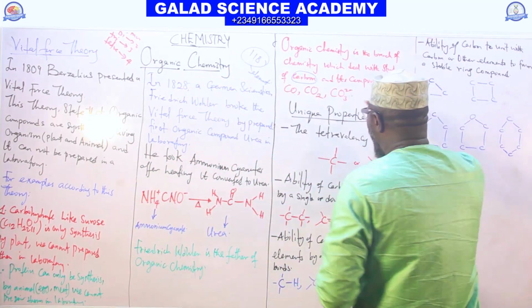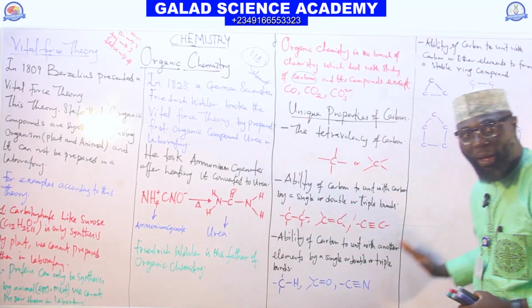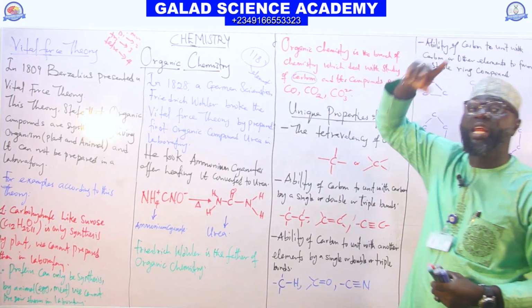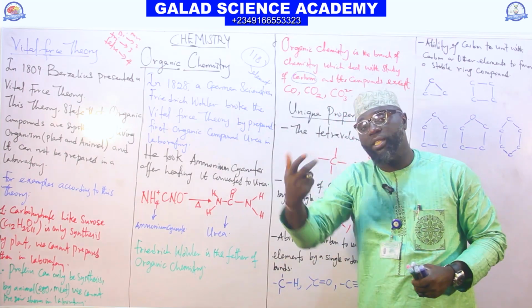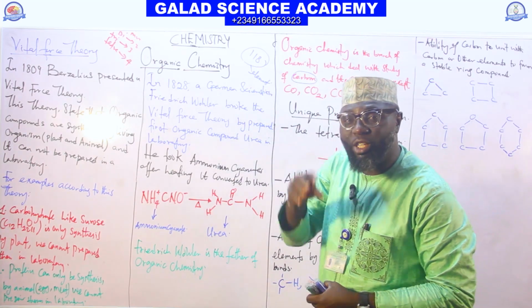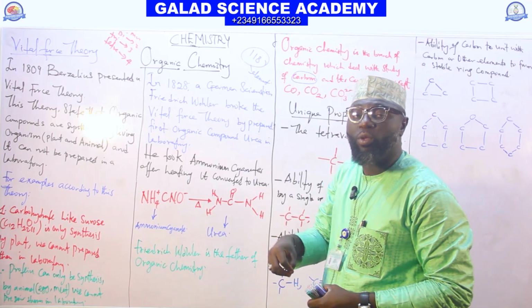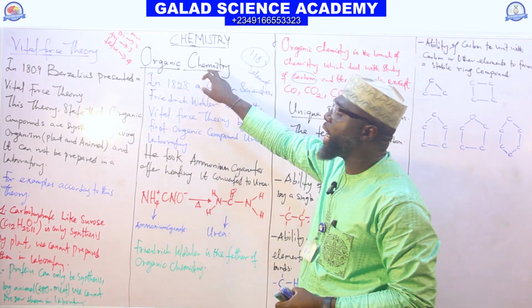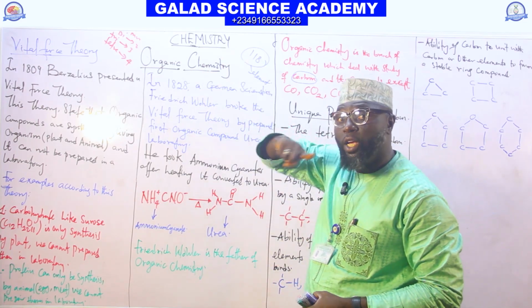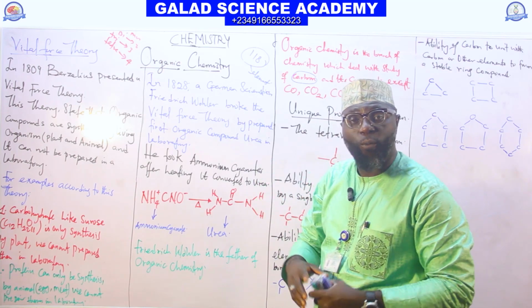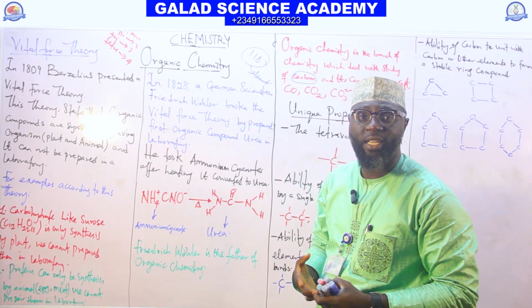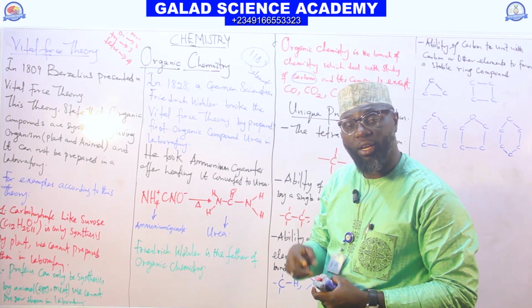So the tendency of carbon to undergo all these properties makes it unique among other elements in the periodic table, and it is why it is studied in organic chemistry. You may ask, why is organic chemistry the study of carbon and its compounds?